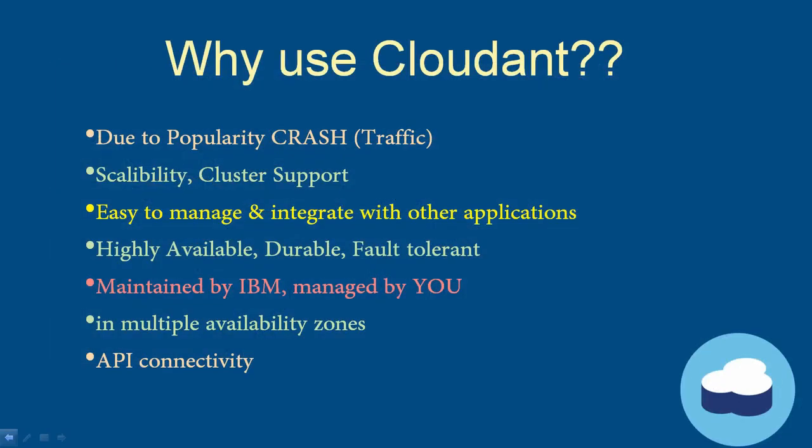So here is a question: why should we use Cloudant? There are plenty of NoSQL and other databases out there. So why should you use Cloudant? There are certain advantages and disadvantages associated with each kind of database, as with everything else in life. Cloudant is a NoSQL database, so it is very scalable, easy to manage, and uses JSON.